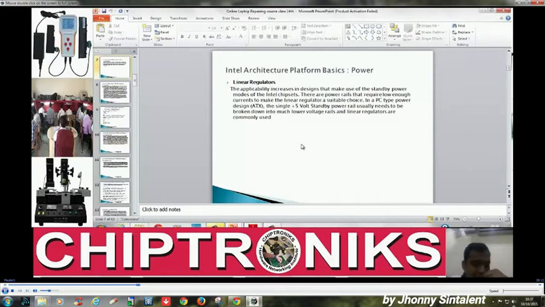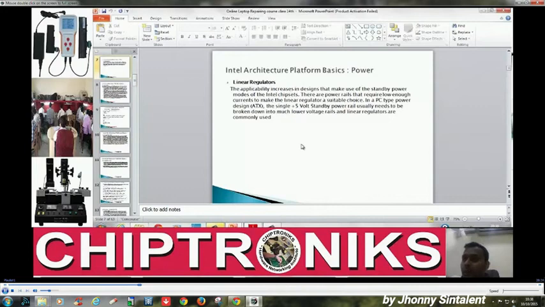Well, when we are using the concept of ACPI, Advanced Configuration Power Interface, then the concept of standby power. You know standby power? When you are using SMPS and plugging in the AC switch, a standby voltage is already generated.